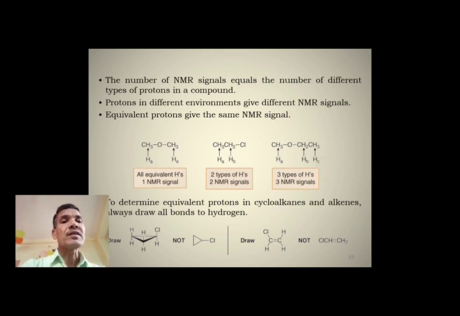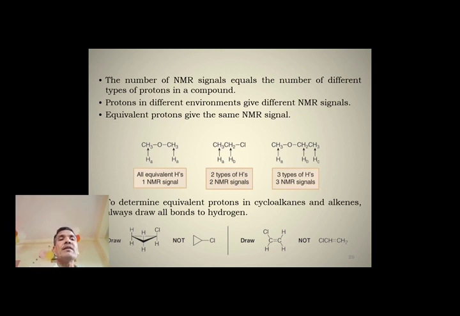As it contains 3 different groups of protons, therefore the chemical environment of all these 8 protons is different and they are grouped into 3 types, that is Ha, Hb and Hc. Therefore, ethyl methyl ether gives 3 NMR signals.